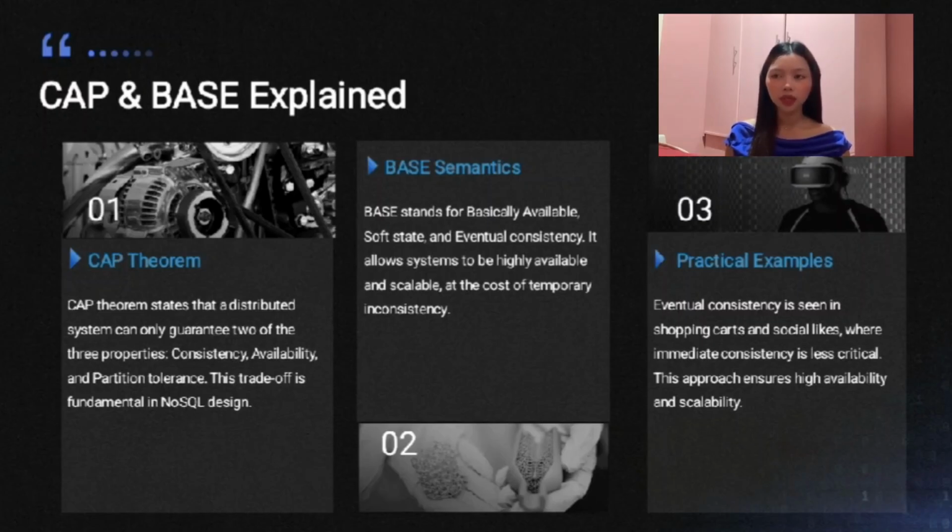When we see practical examples, it means BASE systems are used where instant accuracy isn't critical but speed and uptime are. For example, shopping carts. If you add an item, it appears after a short delay. And if you like or comment, the count updates a bit later for everyone.